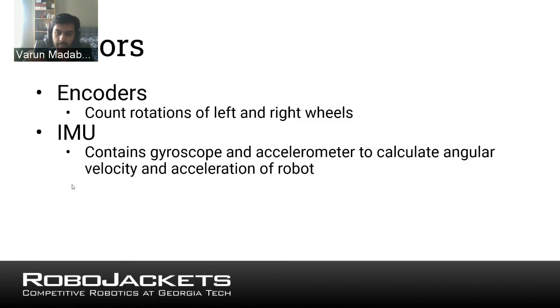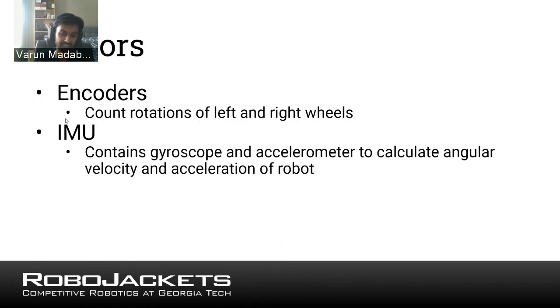So your differential drive robot is going to be outfitted with some sensors. And the 2 essential sensors that you need in order to do your autonomous programming are encoders, which will count the rotations of the left and right wheels, and the IMU, which is the inertial measurement unit.